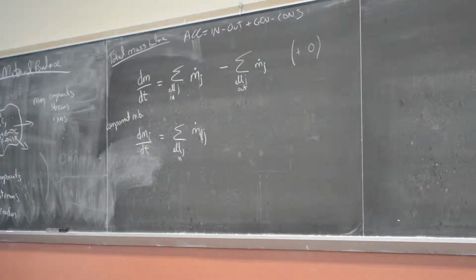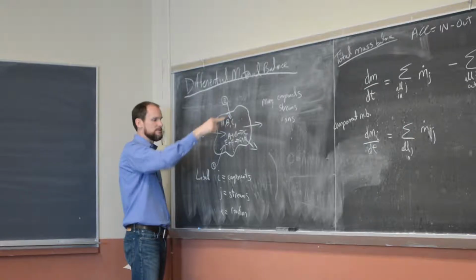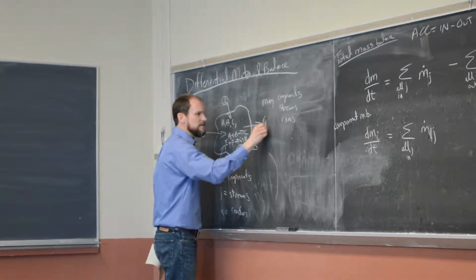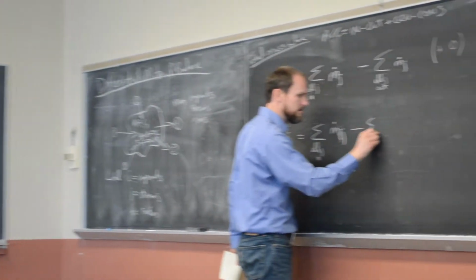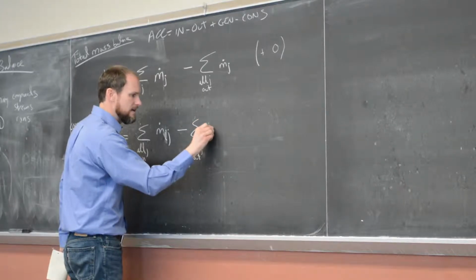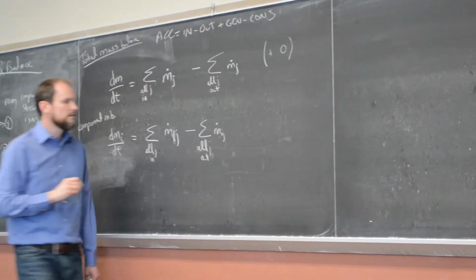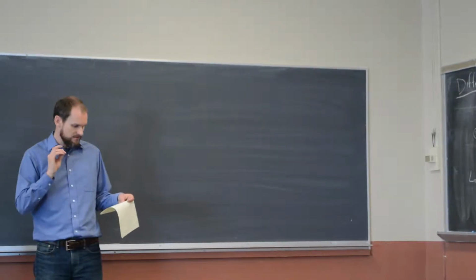So this is stream 1, 2, 3. I have how much A is coming in stream 1, plus how much A coming in stream 2, plus 3. And I've been looking at the outputs also. So then on the outputs, I'll subtract over all streams j out, m dot ij for output streams. So all the mass of component I coming in, all the mass coming out.